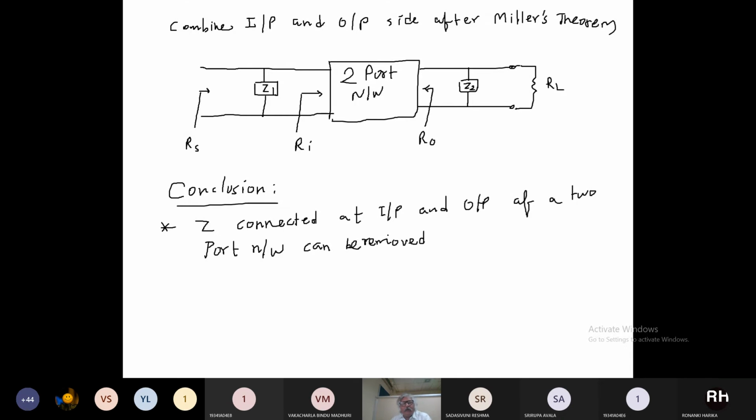So we can remove that Z which is connected to the input and output of a two-port network.